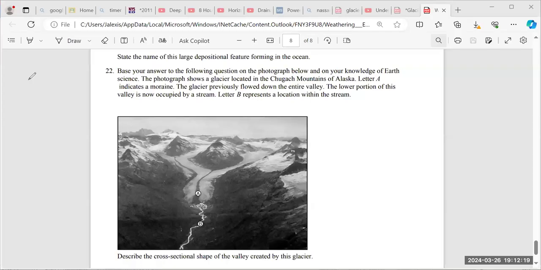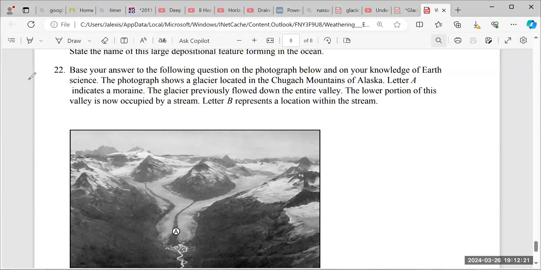Number 22. It says, base the answer to the following question on the photograph below and on your knowledge of earth science. The photograph shows a glacier located in the Chugach Mountains of Alaska. I probably pronounced that wrong. Letter A indicates a moraine. The glacier previously flowed down the entire valley.